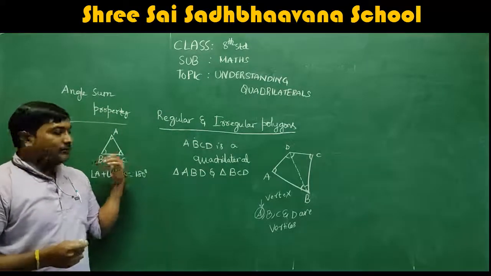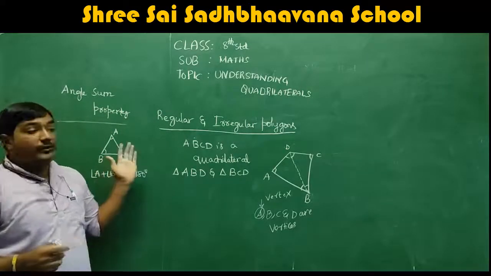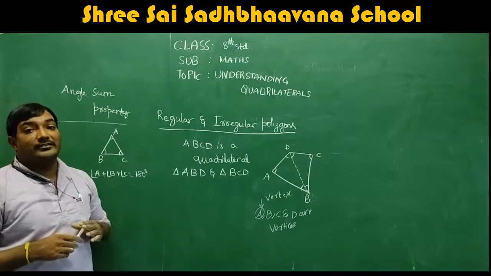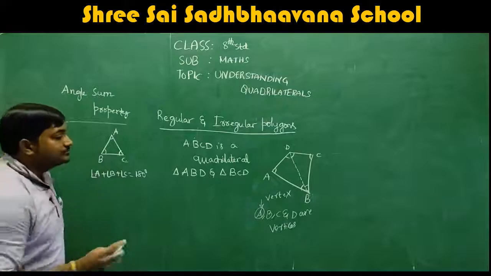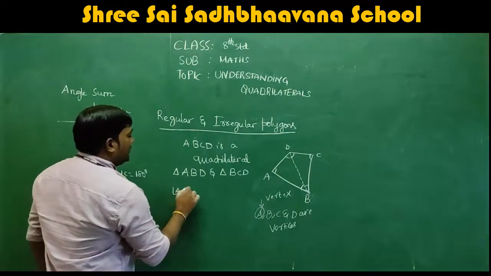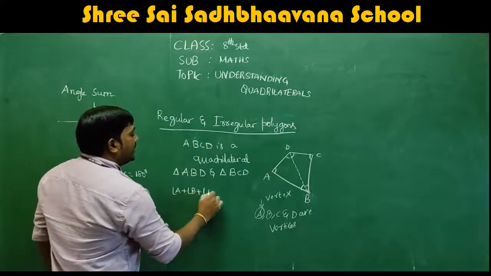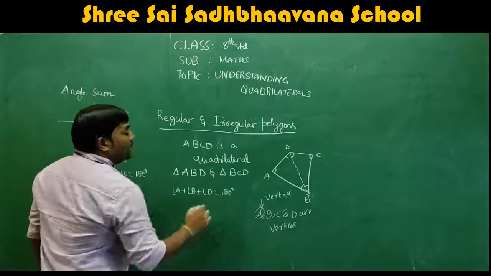Now, as we discussed before, the sum of all three angles of a triangle is 180 degrees. So in triangle ABD, angle A plus angle B plus angle D should be equal to 180 degrees.